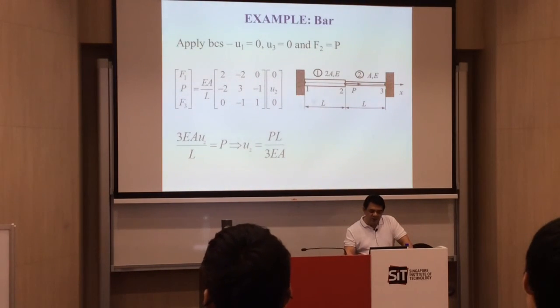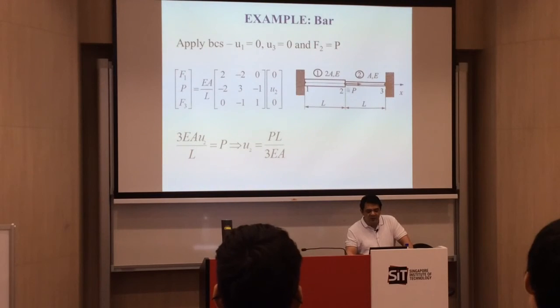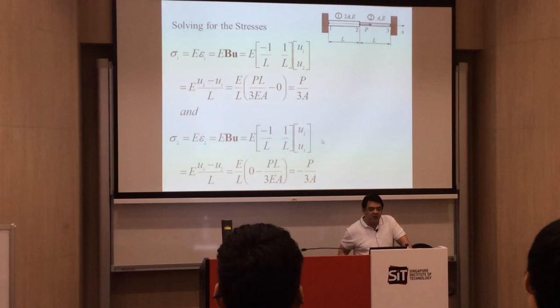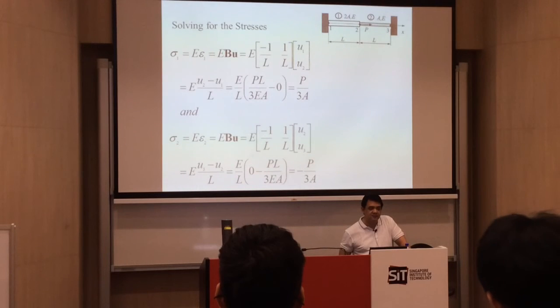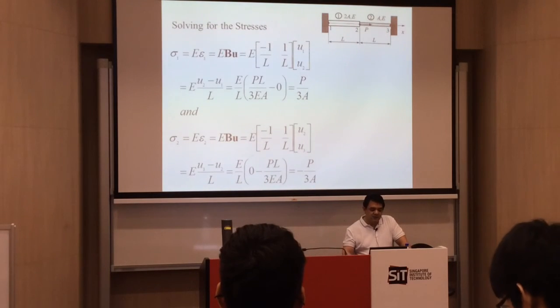So with that, we are able to get this U2 at this location. We know that the displacements at 1 and 3 are equal to 0. So we can only get a numerical value for this one. So how do we solve for the stresses? Yes, so this should be B transpose. Sorry for that.